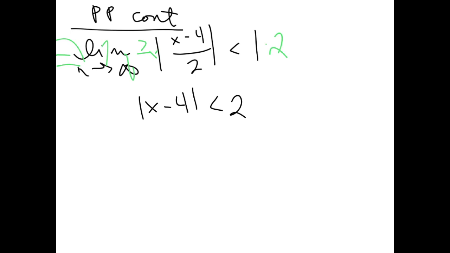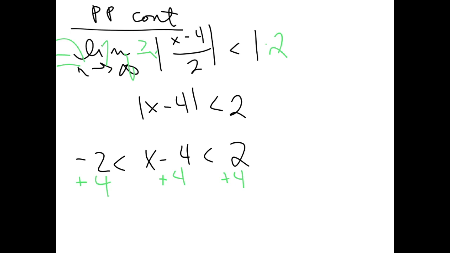All right, we can go ahead and unravel this. So I have negative 2 is less than x minus 4, which is less than 2. Add 4 to all the places. I have the statement 2 is less than x is less than 6.